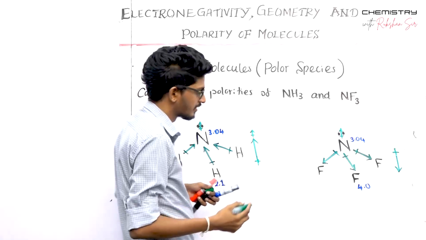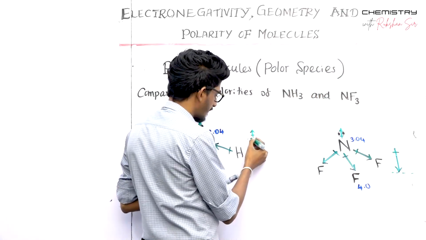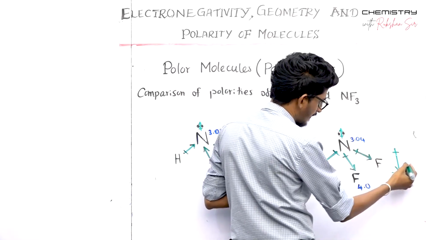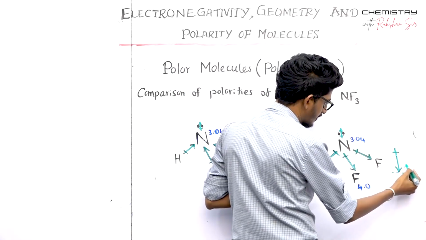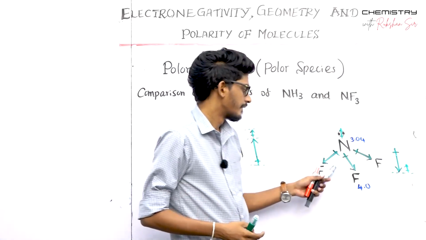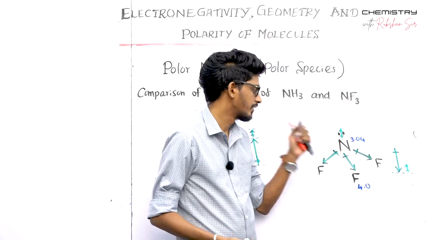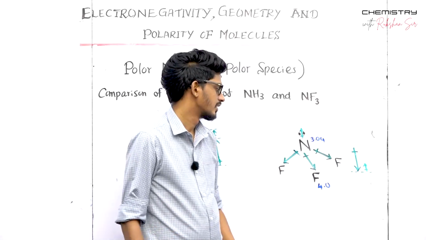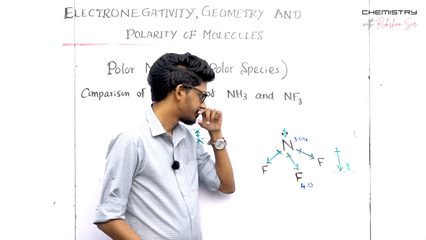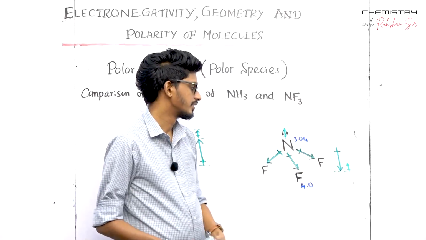But in this case, here the lone pair is added. But here the lone pair will reduce the amount of dipole moment appearing with the bonds, because those are in opposite directions. Here the lone pair effect is towards upwards, and the dipole moments of the bonds are towards downward.